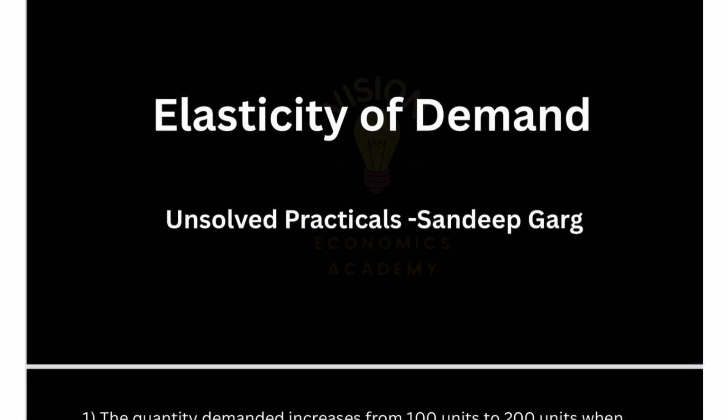Now, as we all know, elasticity of demand is the responsiveness of the consumer towards the change in the factors that affect the demand, especially the price. So the formula for price elasticity of demand is change in Q by change in P into P by Q, right?